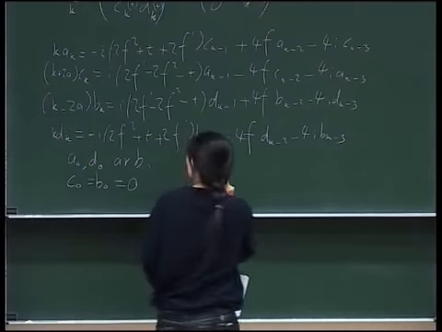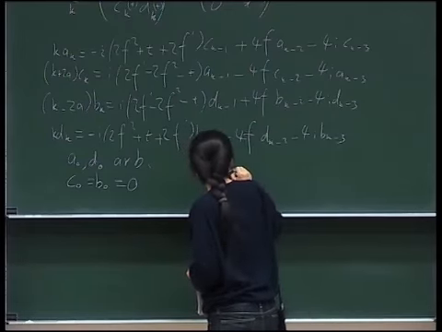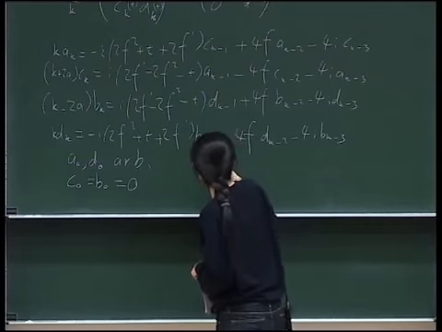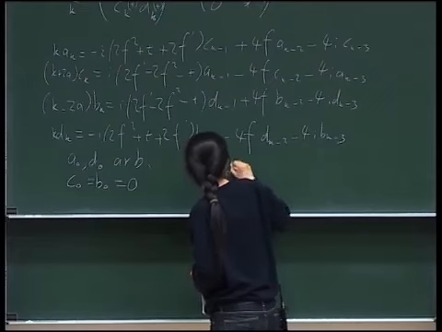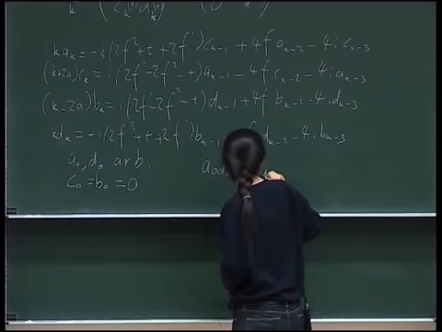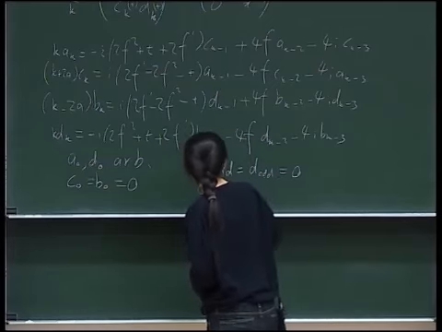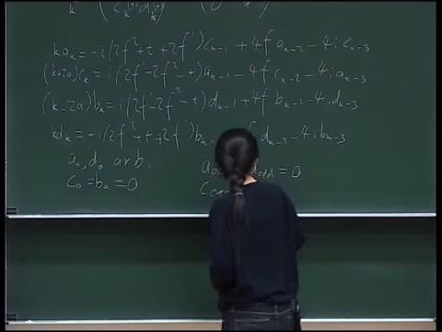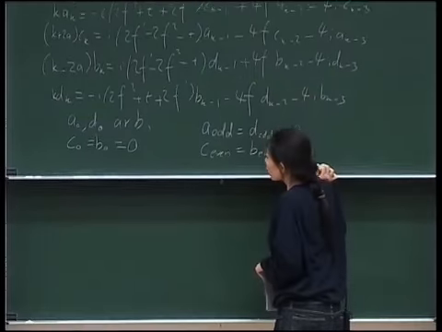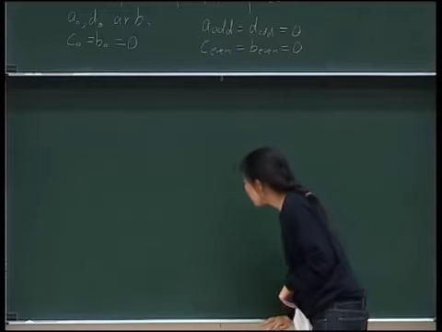And this further implies that A even, A odd, and D odd are 0, whereas C even equals 0.